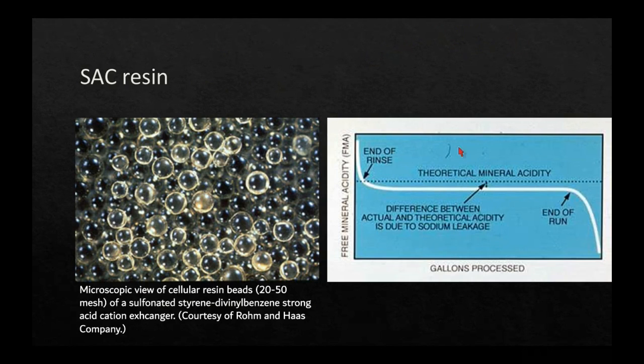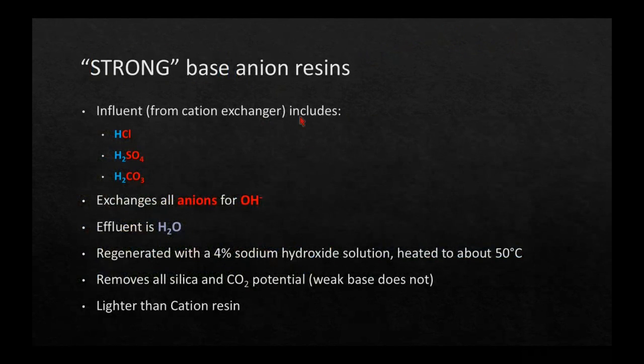Okay, now we know about the SAC resin, and so then that's going to be H2Z. And then we got strong base anion resins. Okay, so now the strong base. So we also have a weak base resin, and they basically do the same thing, except that the strong base removes silica.